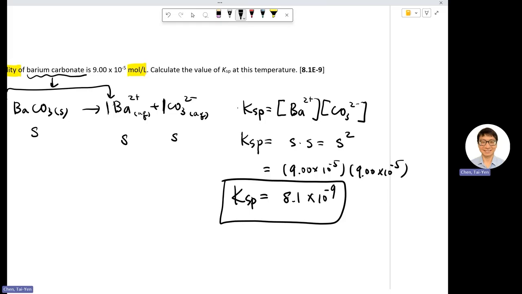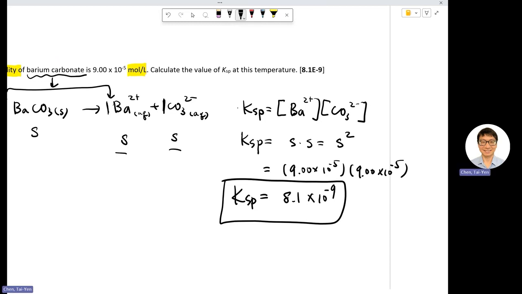Okay, so this is how straightforward this type of calculation is. Okay, so the two things that you want to be careful about: first, you always need to write out the proper chemical equation, right? Because once the coefficient changes, the equation for your Ksp will change accordingly, right? And then when you compute the solubility of each individual species, it will change based on the coefficient that you have.